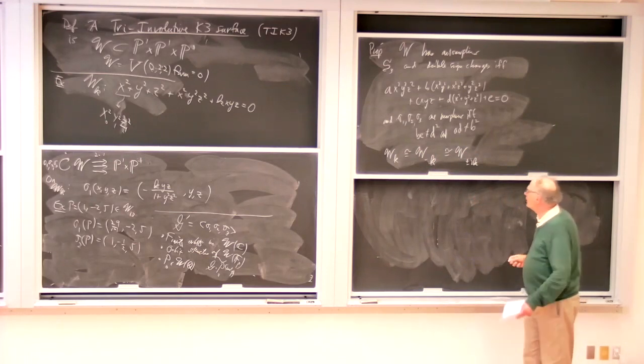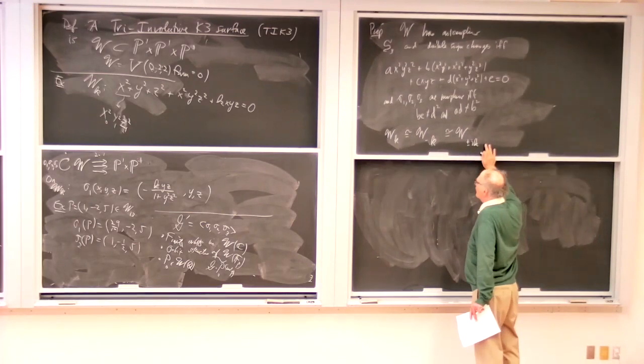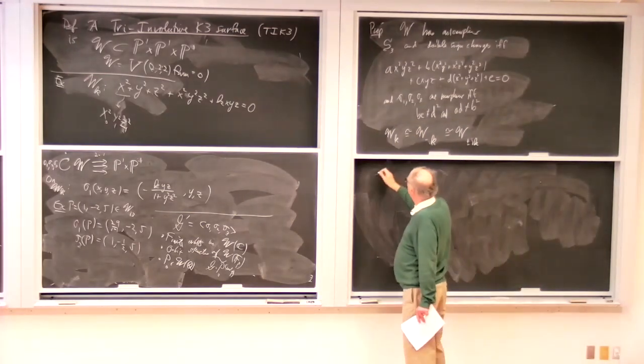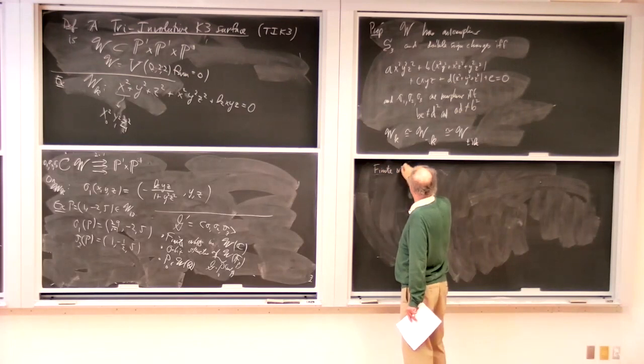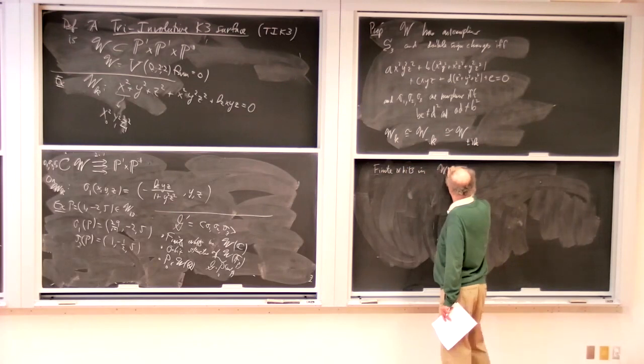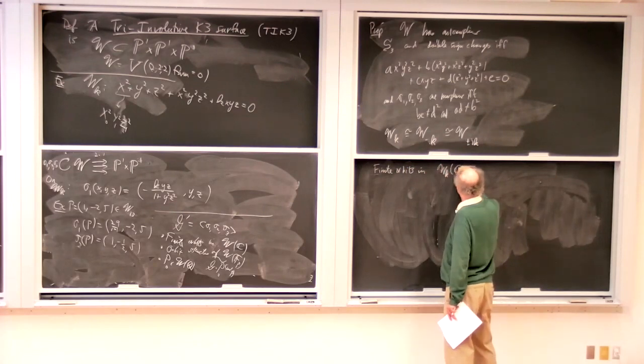Anyway, what we decided we wanted to do was look for finite orbits in characteristic 0.